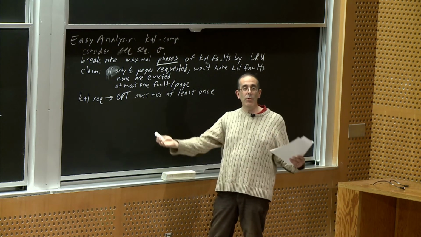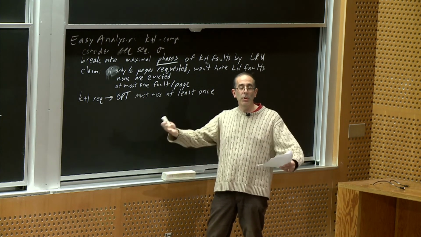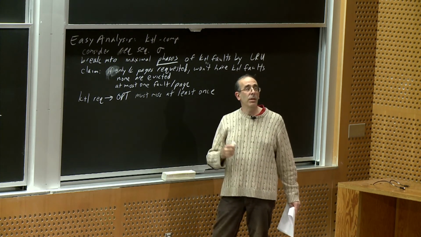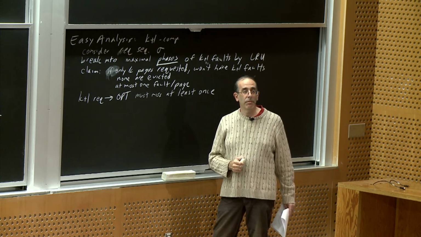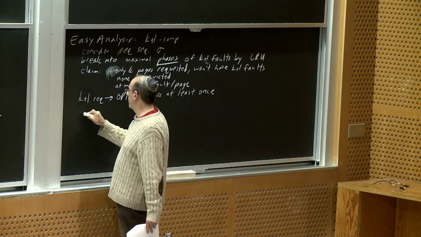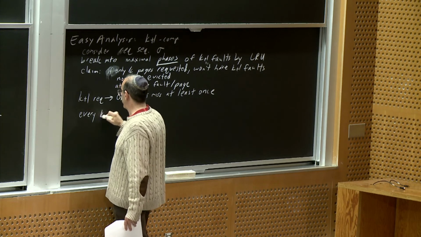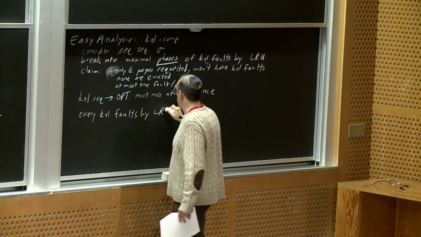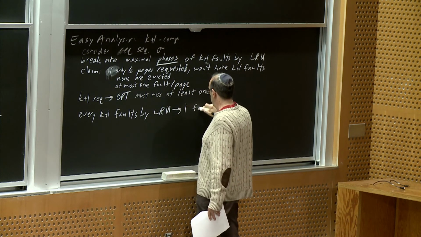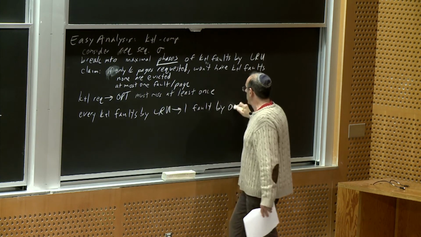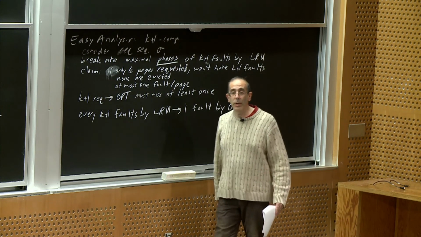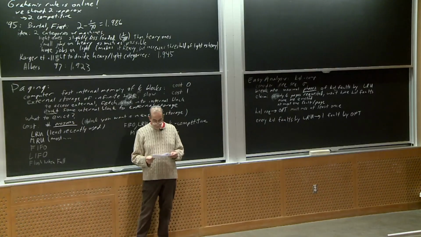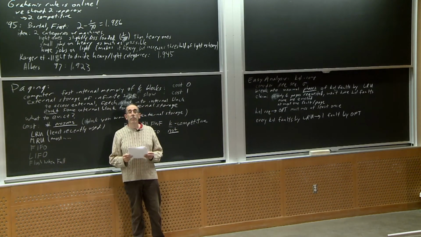Every time we see K+1 faults of LRU, we can associate that with one fault that happens in that phase during opt. And so we have our K+1 competitive analysis.